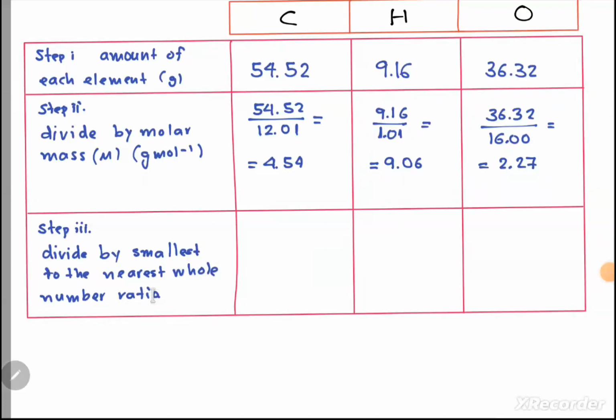In the previous example, we have whole number results. So we have 4.54 divided by 2.27, and the result is 2.